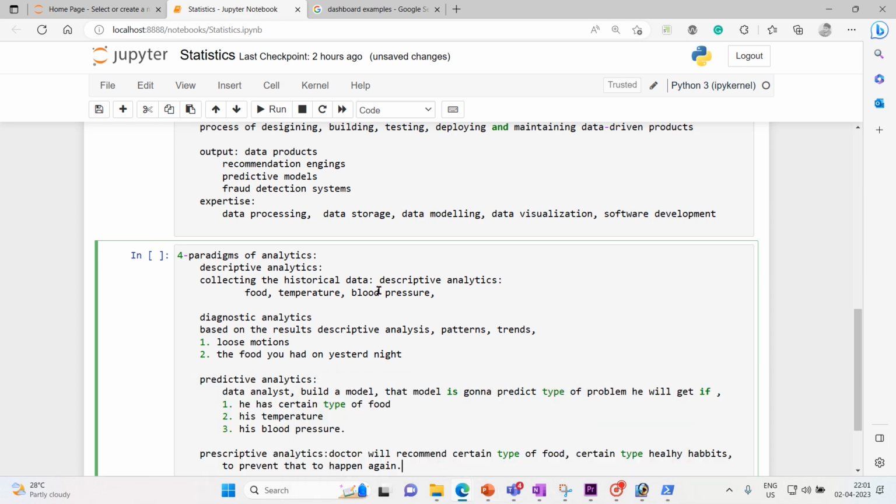The four-dimensional paradigm of analytics provides a framework for understanding the different stages of the analytics process and the different types of insights that can be gained from data analysis. It emphasizes the importance of moving beyond descriptive analytics to more advanced forms of analysis in order to achieve greater value and impact from data.